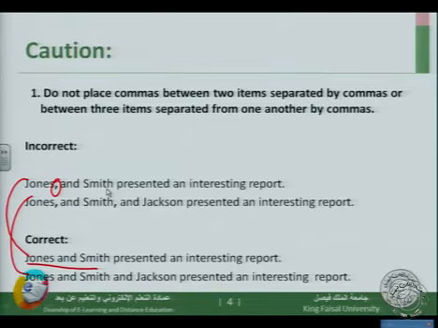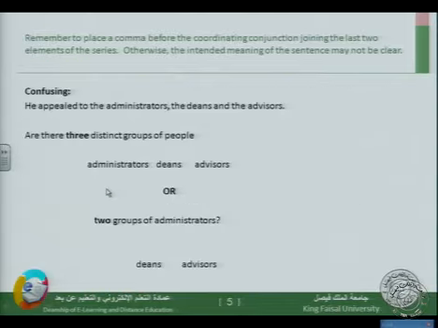John and Smith and Jackson both presented an interesting report. I cannot put a comma after John and after Smith. Jones and Smith and Jackson, without commas, presented an interesting report.